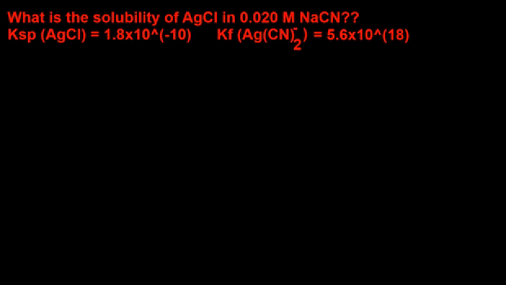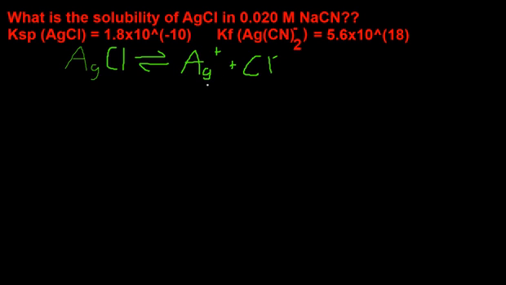So what do we do here? Well, let's start out with our equations. AgCl dissociates into silver and chloride.